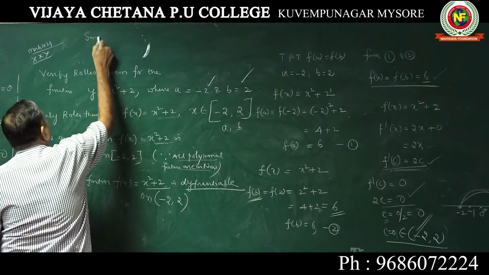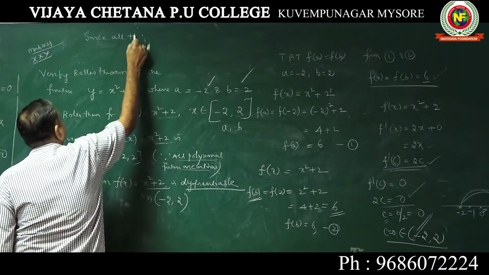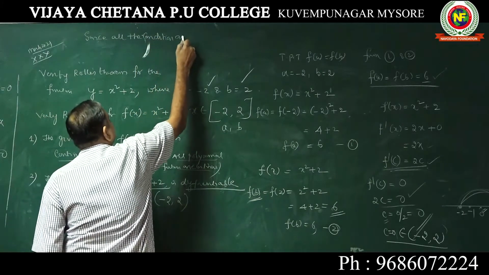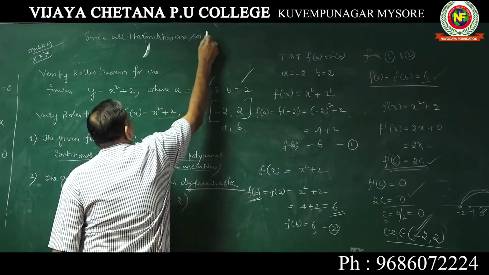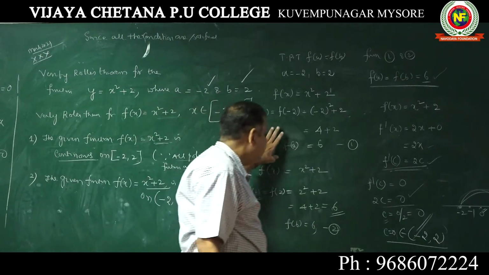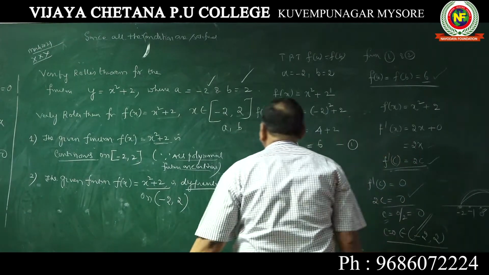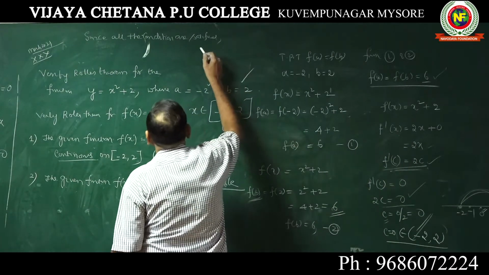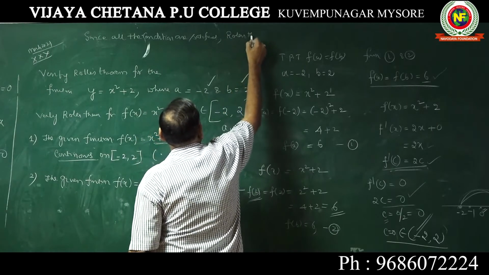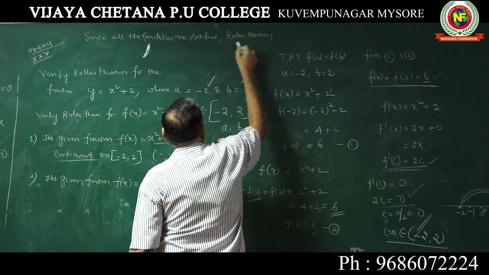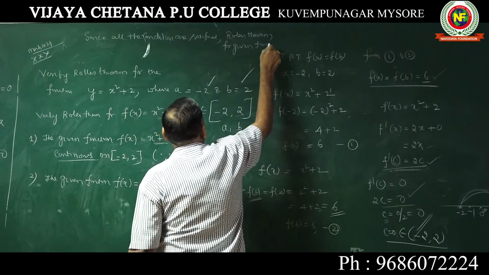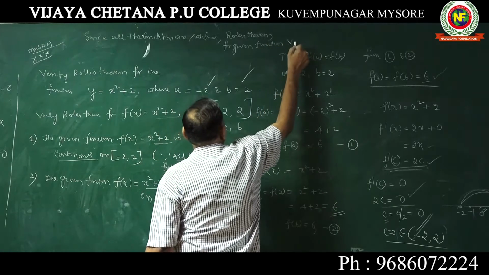Since all the conditions are satisfied, four conditions: 1, 2, and here f of a is equal to f of b, and the last one c belongs to that particular interval. All conditions are satisfied. Rolle's theorem for the given function is verified.